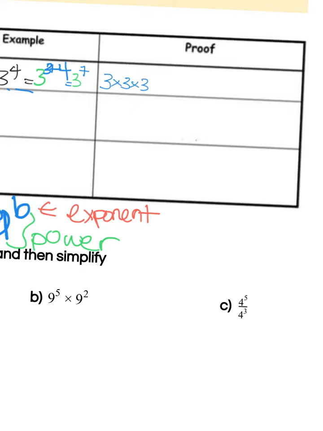And then we also said that I was multiplying it by 3 to the power of 4, which is 3 times 3 times 3 times 3. Okay, here's where my proof is, or the example of how this works. I'm going to count up how many 3s I have. I have 1, 2, 3, 4, 5, 6, 7. That's why we're able to say that with this product rule, I actually have 3 to the power of 7.